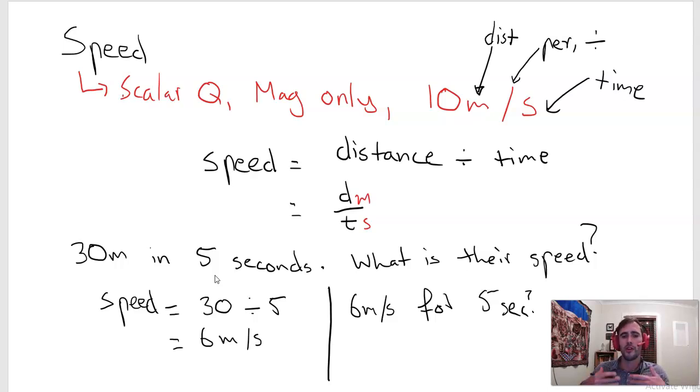What is the total distance that you travel in those 5 seconds? So you go 6, 12, 18, 24, 30. Each spot was a second. So we've reversed it: 6 times 5 equals 30 meters. I've got 30 meters, I can check it against there. It's a really good approach for when your problems are a little bit more difficult, and if you're not super confident with your original answer.